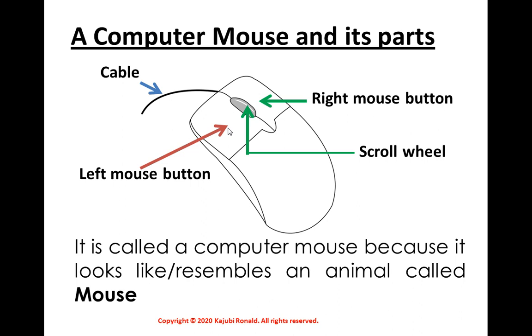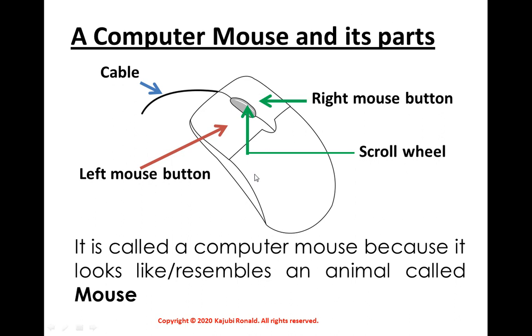And this one is called the right mouse button. I think you can now explain why it is called the right mouse button. Yeah, because it is on the right hand side of the mouse. And this one in the middle is called a scroll wheel. We shall be seeing the use of each part as we proceed.